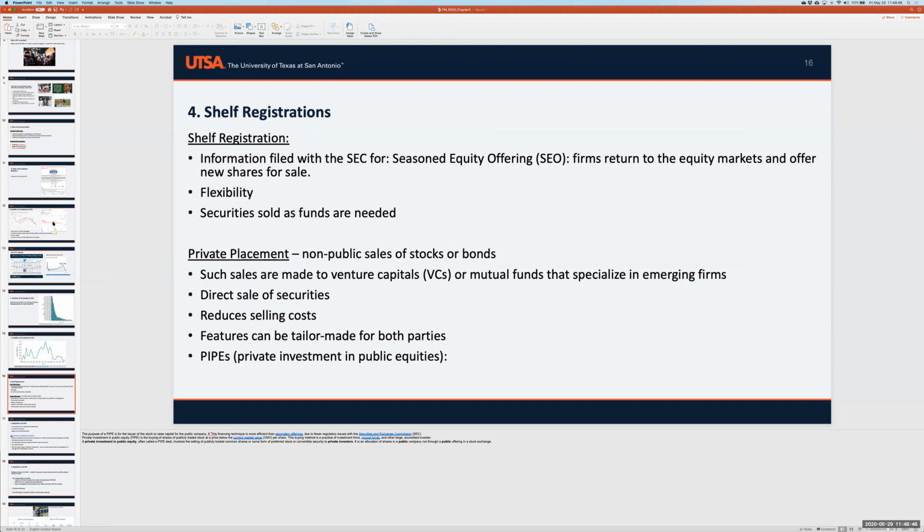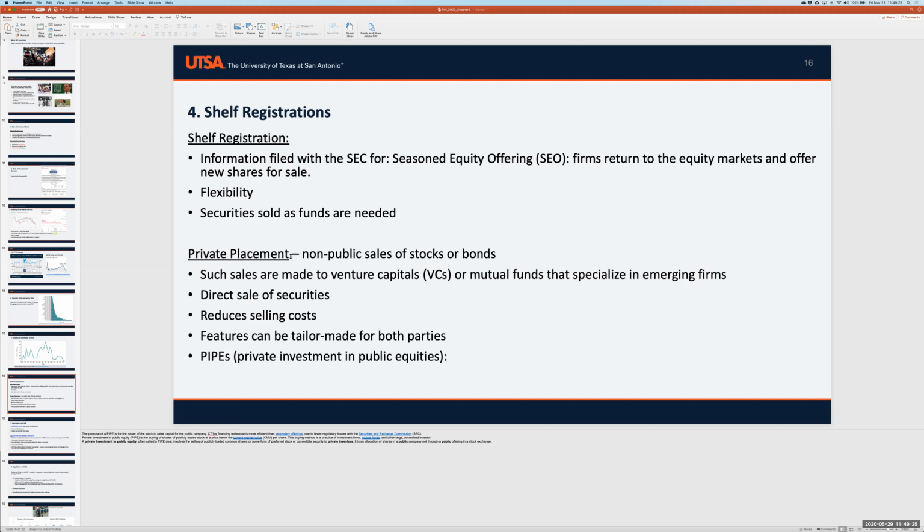Maybe they think, if I just sell 50 million shares of Facebook and people gain some money by investing in Facebook stock, the value of the stock can increase, and maybe he can sell at a higher stock price. So this is what we call shelf registration. It gives flexibility to the firms.